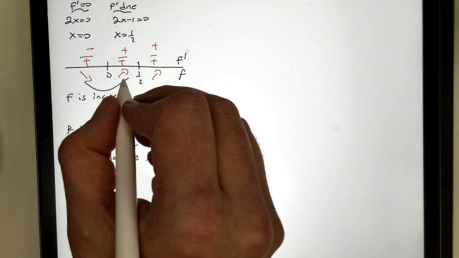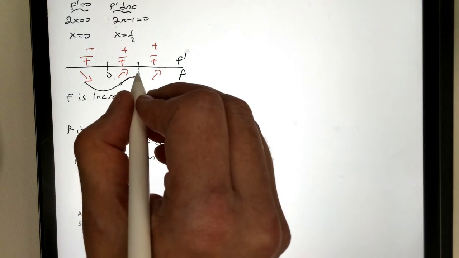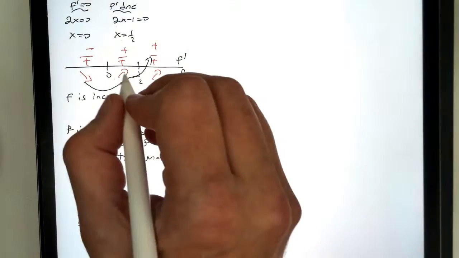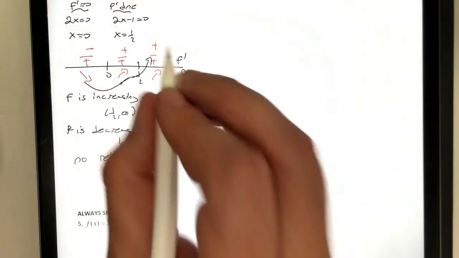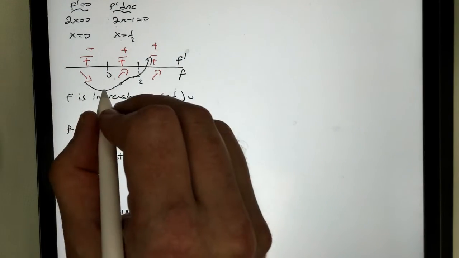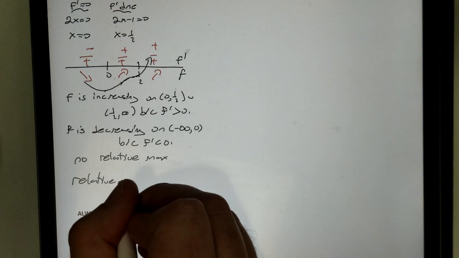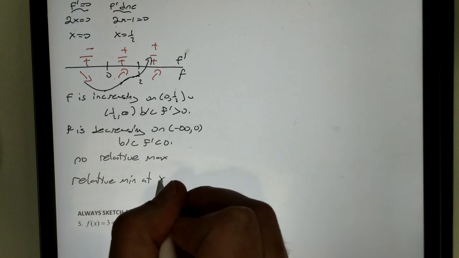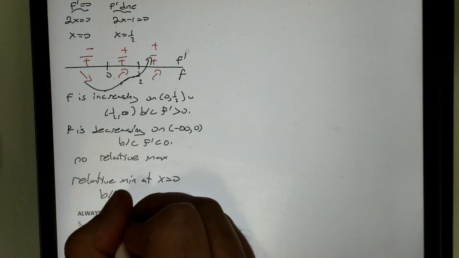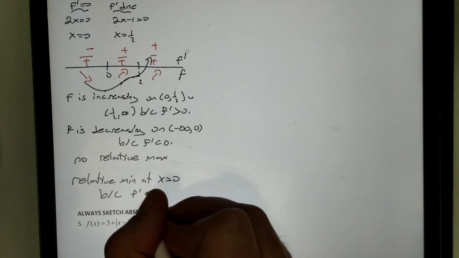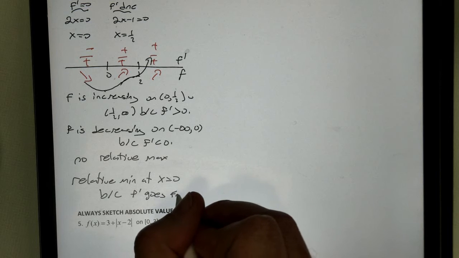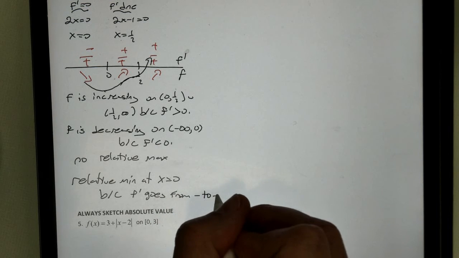Something's happening here, but it just keeps going up again. So it's always increasing after 0. But I do have a relative minimum. So we can say that there is a relative minimum at x equals 0, and that is because the derivative goes from negative to positive.